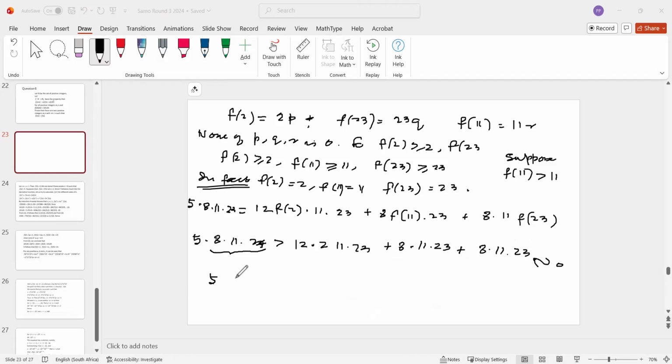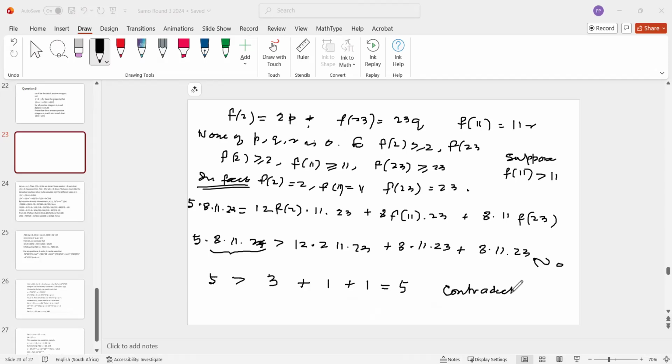Now I've got 5 is greater than 8 times 11 times 23. This is 24. So I'm dividing by 8. So this is 3. I'm dividing by 8 times 11 times 23. 3. And here, 8 times 11 times 23, I'm dividing by that. And here I'm dividing this by 8 times 11 times 23. So I got on the right-hand side, I got 5. Now you see, you got 5 is greater than 5. Of course, this is impossible. So this is a contradiction.